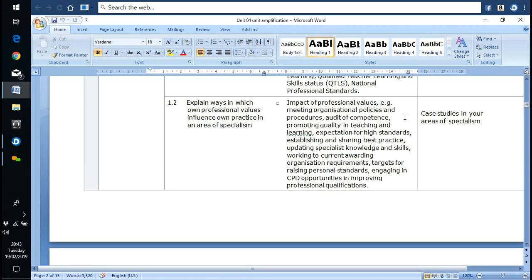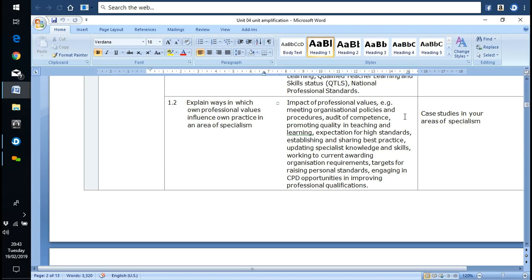One of the actions that I perform as quality manager is to observe teachers, and that can lead to opportunities for CPD for them.